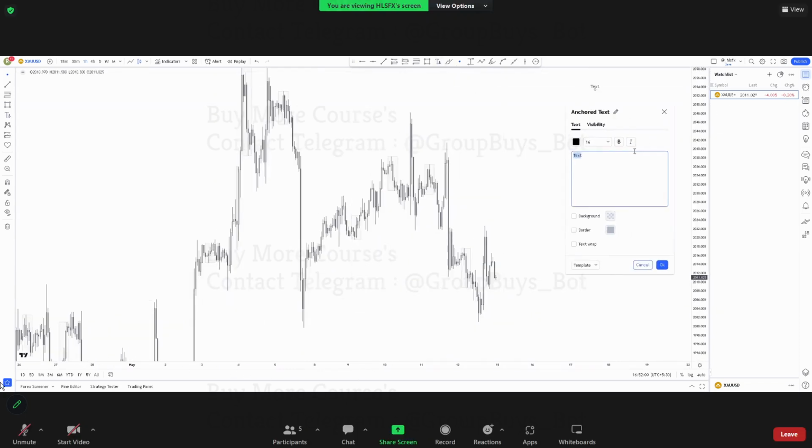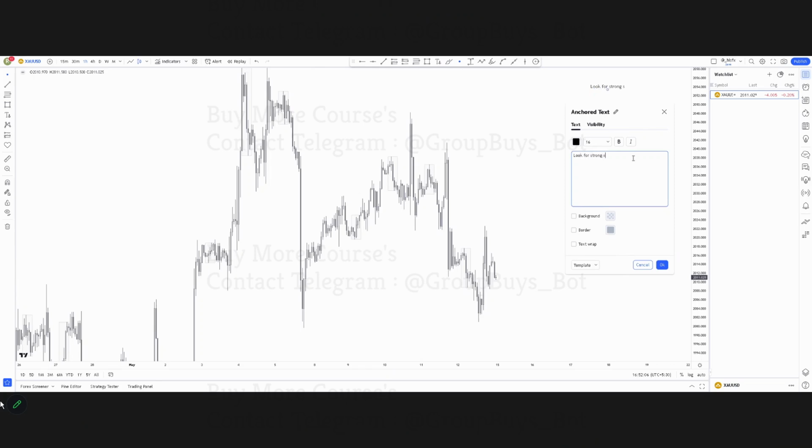The first thing is to look for strong areas. The second thing is to look for decision points. Third, your decision point should have liquidity resting above or below it, depending on the scenario.